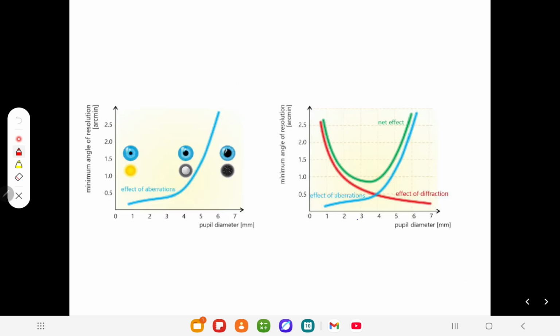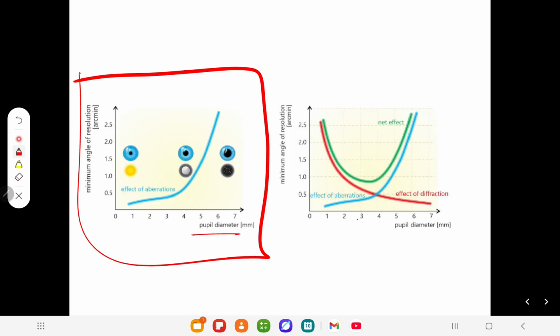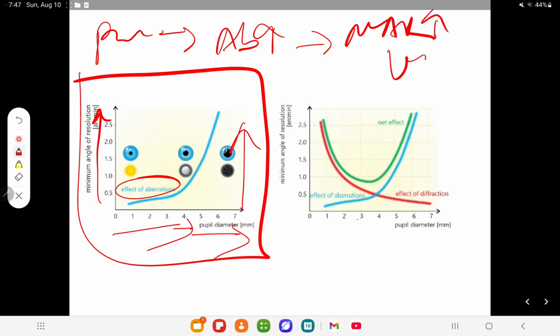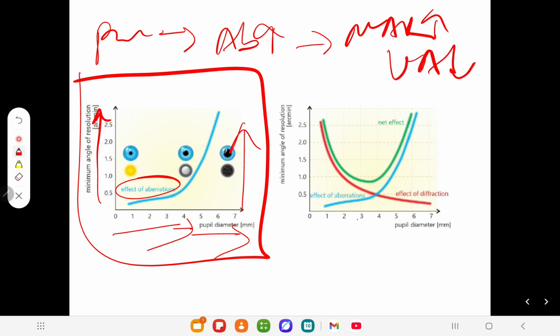Okay, same thing, see in this picture. As the pupil diameter increases, what happens? Minimum angle of resolution increases. Why? Because of the effect of aberration. As the pupil size increases, aberration definitely increases, which means MAR increases, which means visual acuity decreases, isn't it?